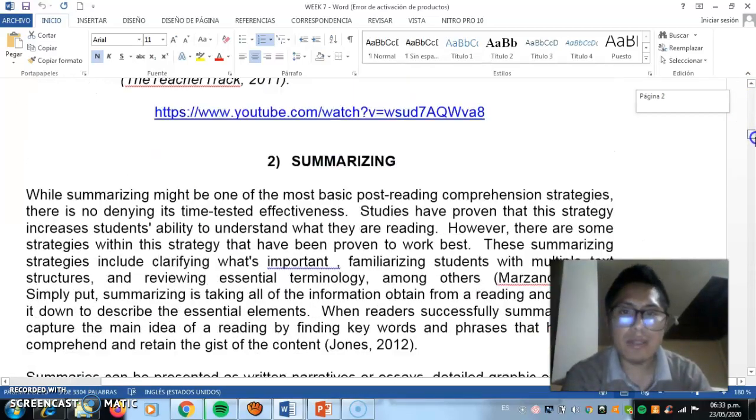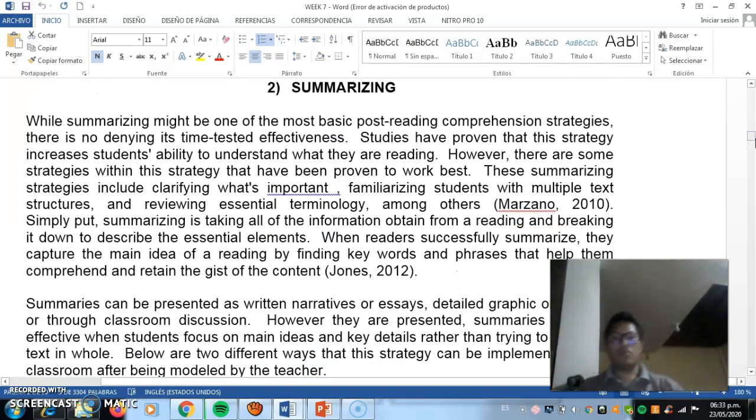Here we have some examples. Summarizing is a very nice way to understand the topic. Of course, if we understand the reading, it will be very easy for you to summarize and write the most important information. Most of the time, I strongly recommend you to write just a short part of the test and give your opinion, ideas, how this test connects with your daily life or some experience here in your country, in your city, how it affects us, or what is the message of this.